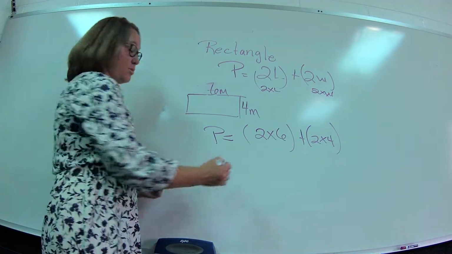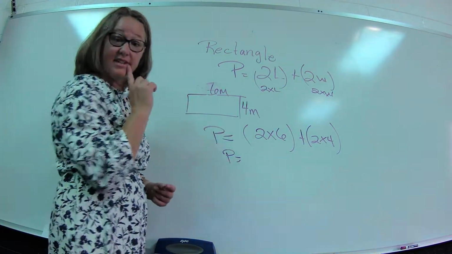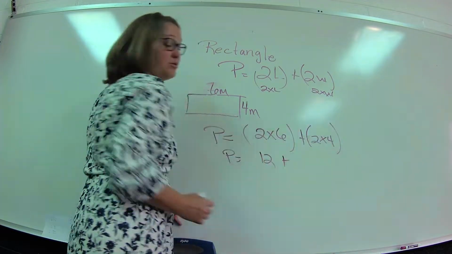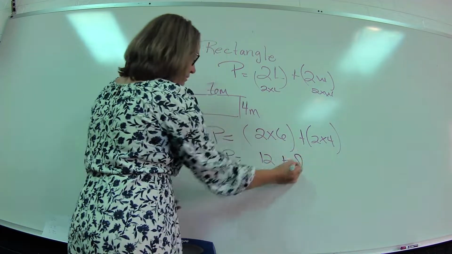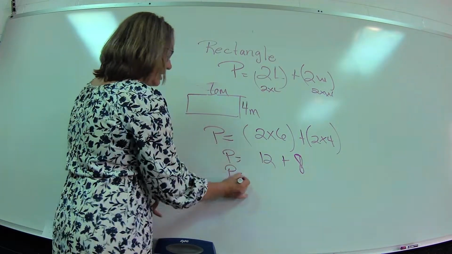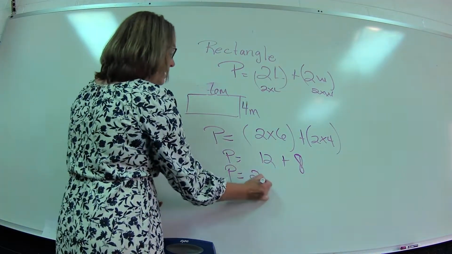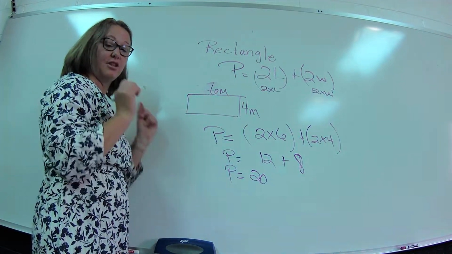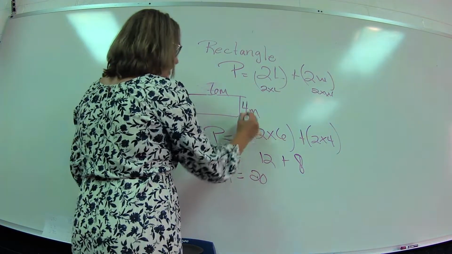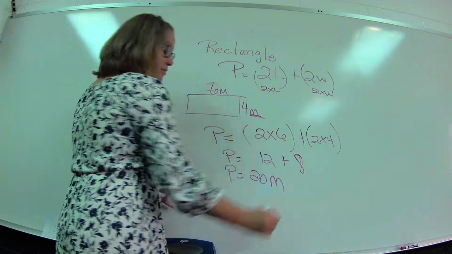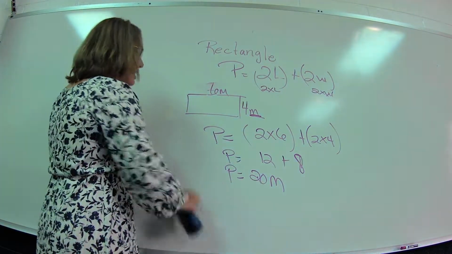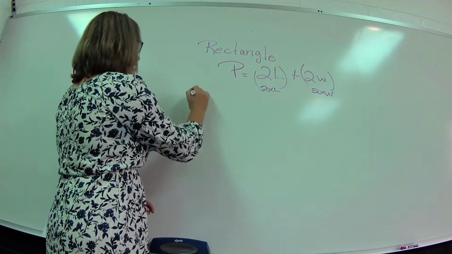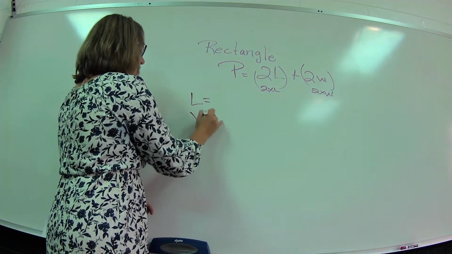Now it's 2 times 12. I mean 2 times 6. I gave the answer, didn't I? 2 times 6 is 12 plus 2 times 4, 8. So P equals 20, but is my answer complete? No, what am I missing? I'm missing the unit of measurement. I need 20 meters.